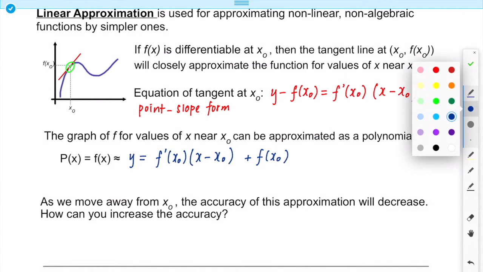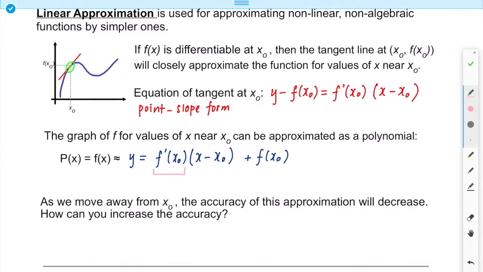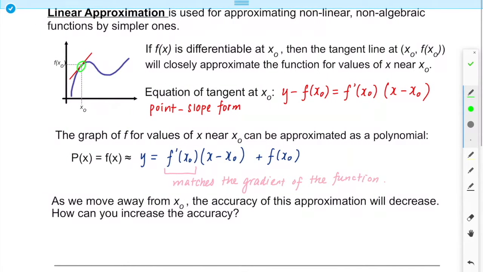So what we know about this particular approximation is that it's linear, and also f prime matches the gradient of the function. And we're talking about a very small section. So here is the key. It's the values of x that are close to x0, the point of interest here.